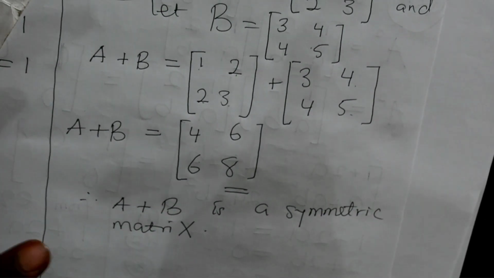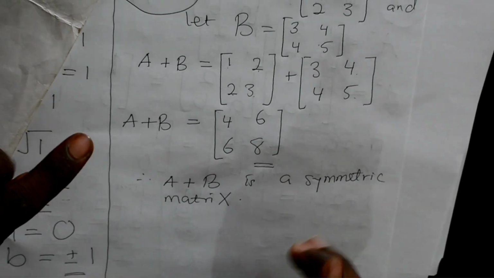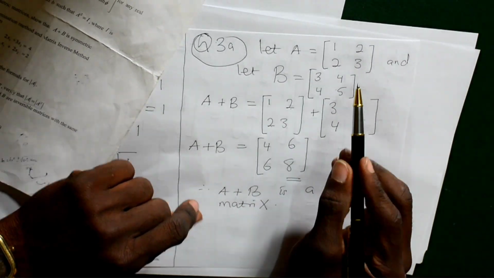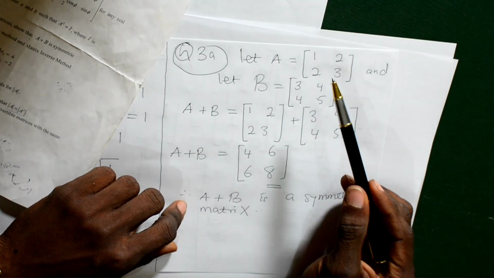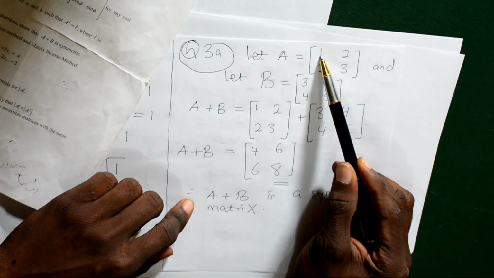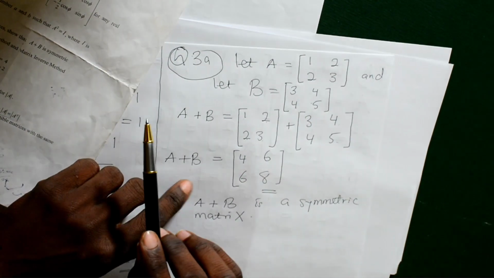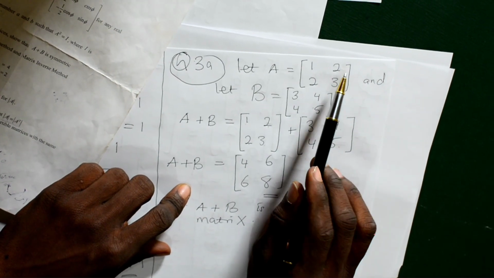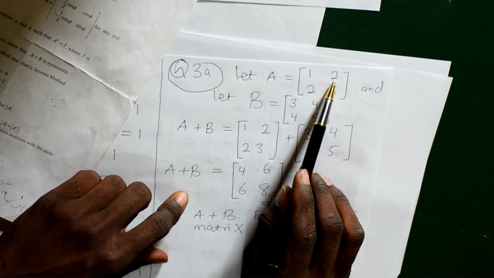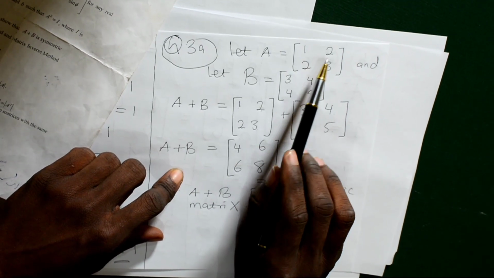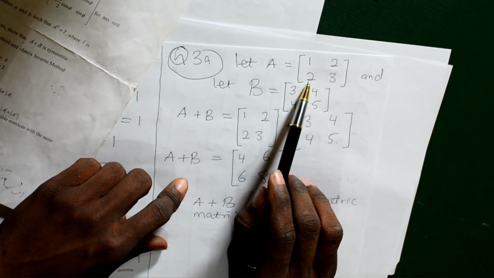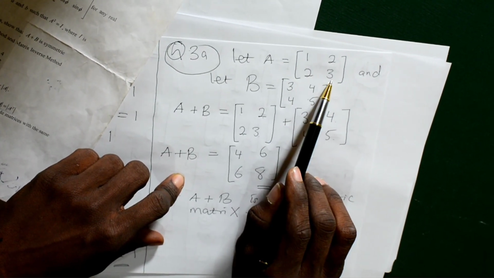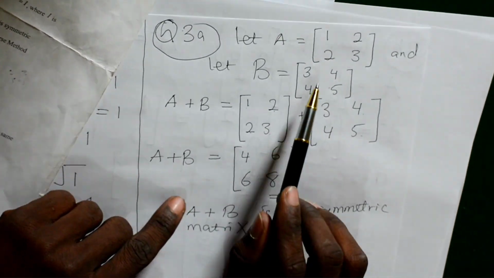So, how do we open a symmetric matrix? Always see this matrix: 1 and 2 are in series, 1, then the next 2. Then these two repeat in the second row, and then 3 follows. Any number can follow.